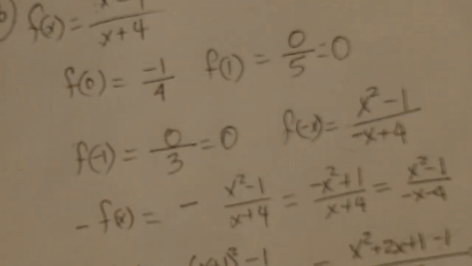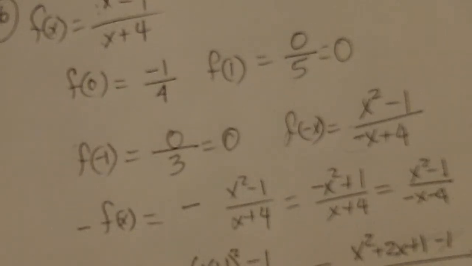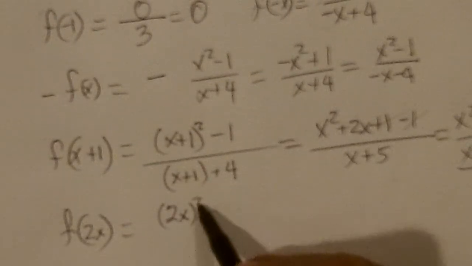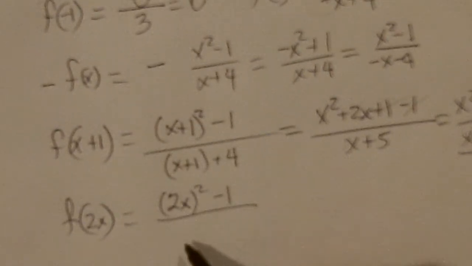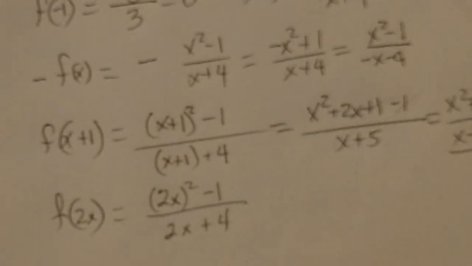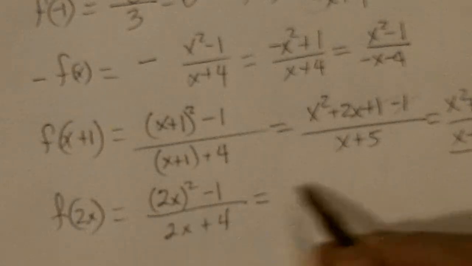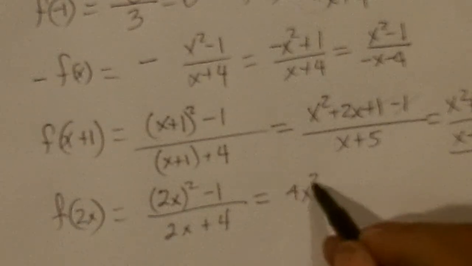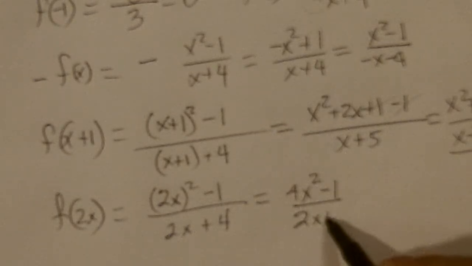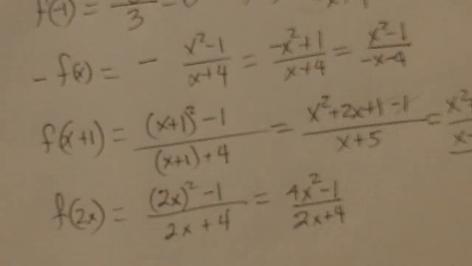And f of 2x is 2x in place of the x, 2x quantity squared minus 1 over, in place of the x, a 2x plus 4. 2x times 2x is 4x squared minus 1 over 2x plus 4. Can't simplify it, so that's it.